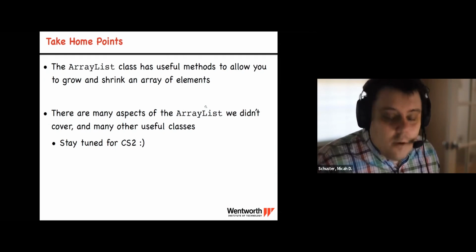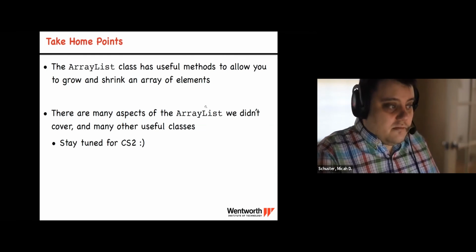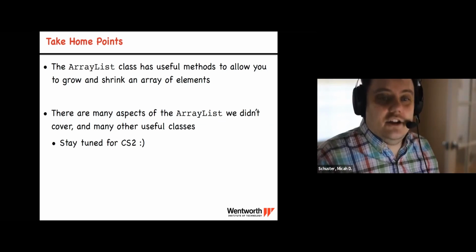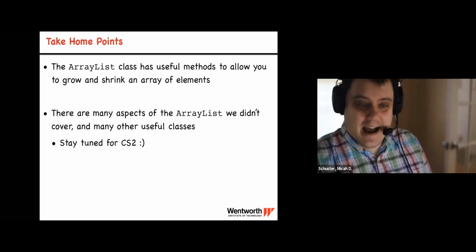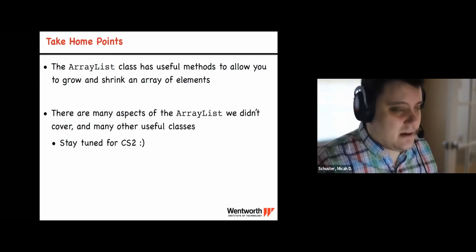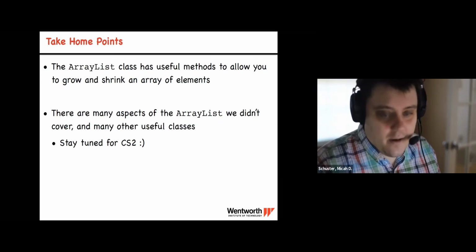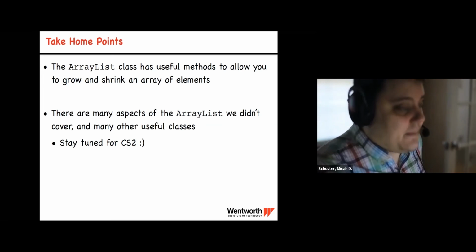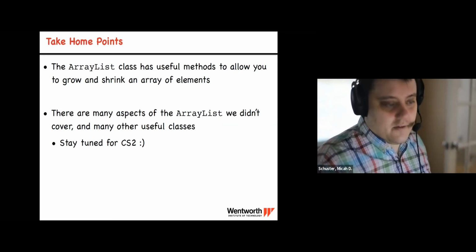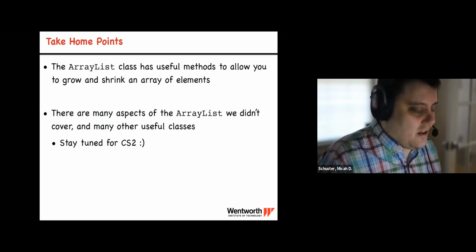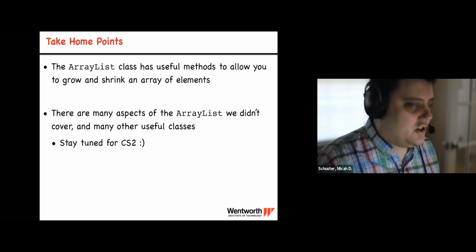All right, so the take-home points for this is that array lists are useful. They have a lot of methods that allow you to grow and shrink the array. You don't have to worry about the stuff that's going on behind the scenes. So you just use it as is, and there might be some performance implications, but for now, it's not going to really be a big problem. There's lots of aspects that we don't cover, things like array lists' iterators and other stuff that makes them useful in a lot of situations.